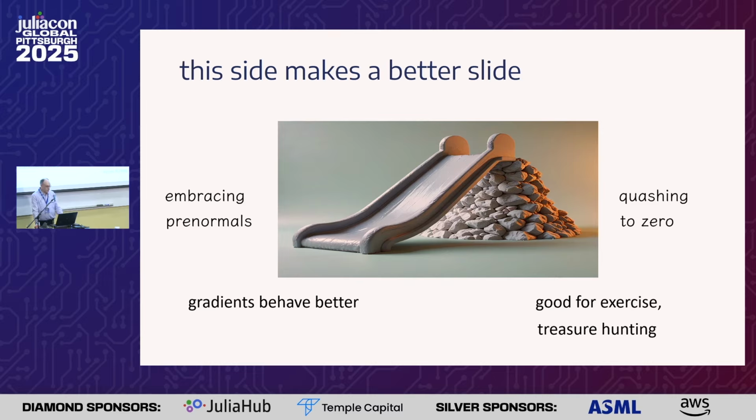It used to be the case that subnormals did take more time. Hardware manufacturers have gotten very good at that now, and there's really not much cost to it. They're also, well, which side do you want to go down, right? Subnormals are smoother. Your gradient stuff is more nicely behaved. Sliding down the rocks is not so good.